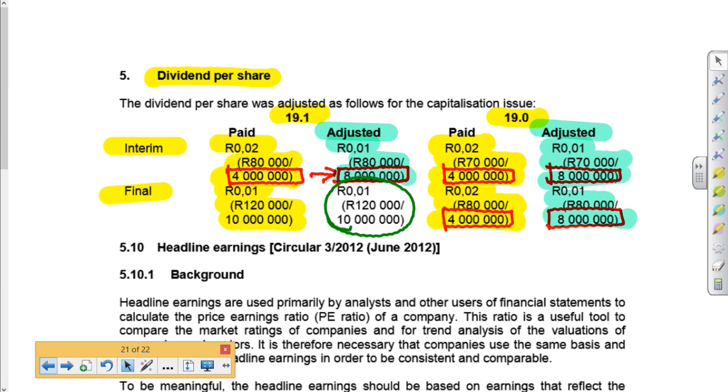Okay, I must just find it now. I'm sure I have it here in my handouts.